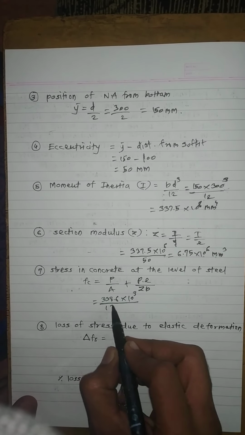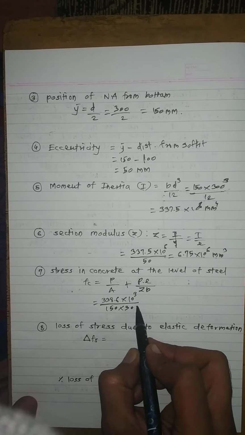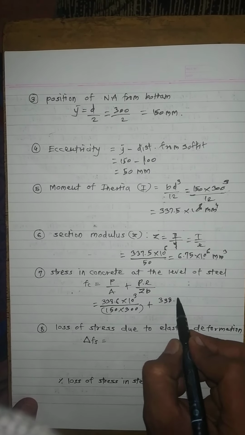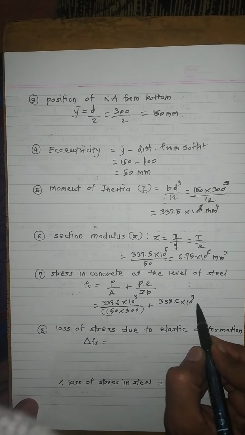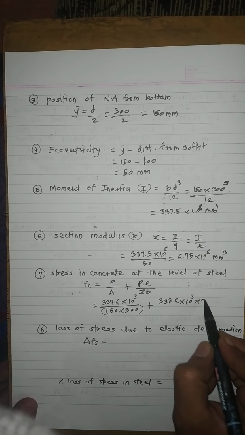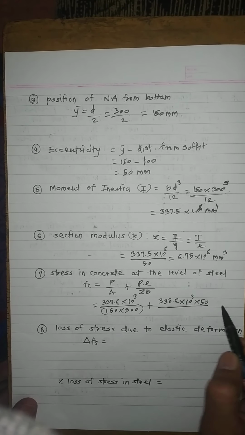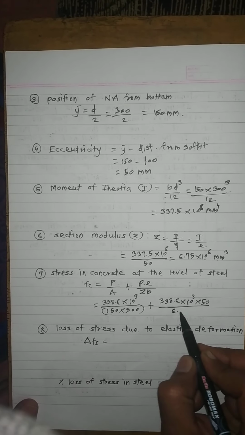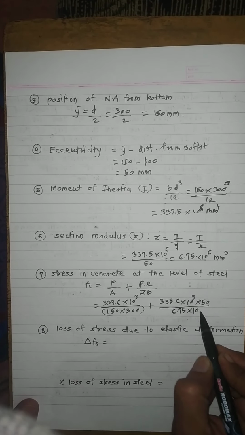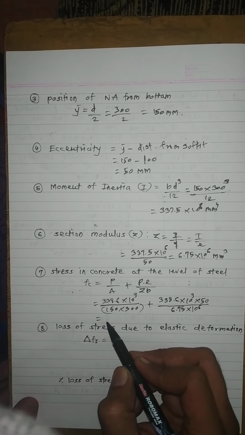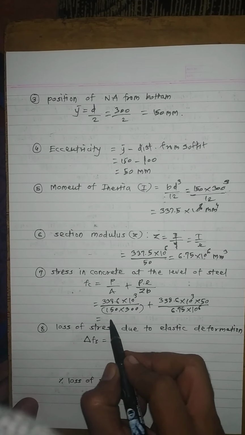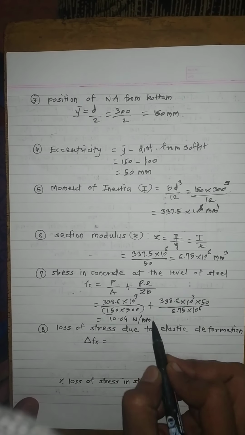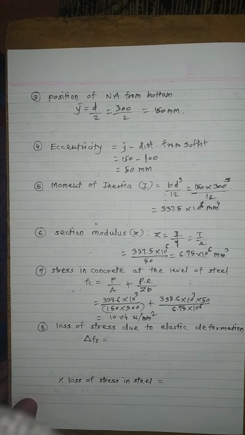The cross section is 150 by 300, plus again 338.6 into 10 to the power 3 multiplied by eccentricity, which is 50 mm, divided by Zb. Here Zb is 6.75 into 10 to the power 6. So fc equal to 10.04 Newton per mm square after calculation. This is the stress in concrete at the level of steel.